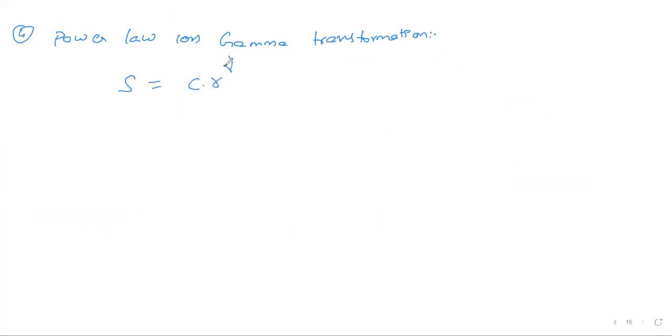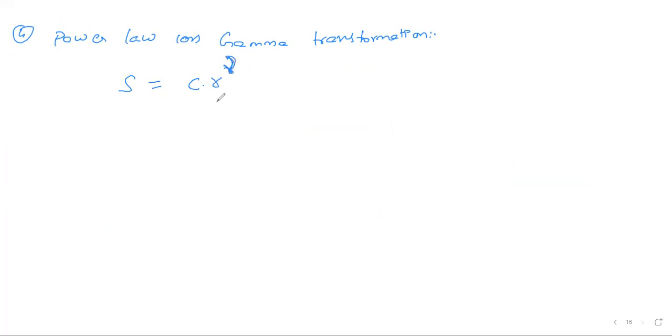Next, power law or gamma transformation. So s is equal to c times r power gamma.